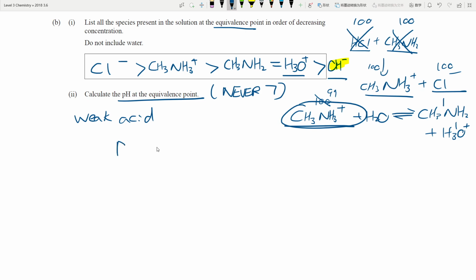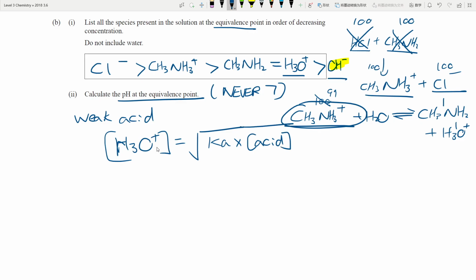So the concentration of H3O+ ions is going to be the square root of Ka times the concentration of the acid. Just had a blank moment. Okay, so what is the concentration of H3O+?